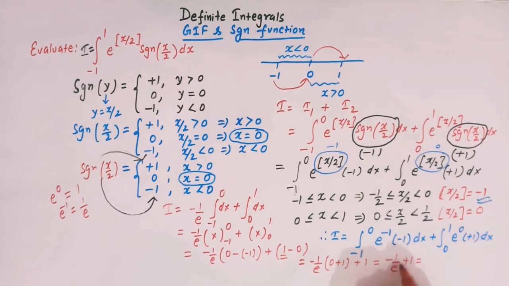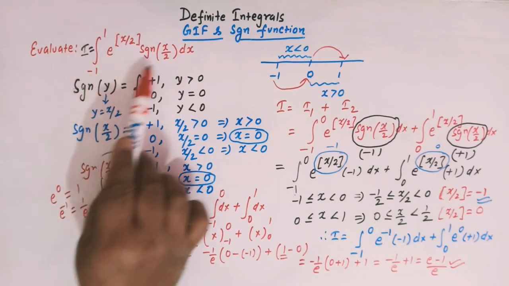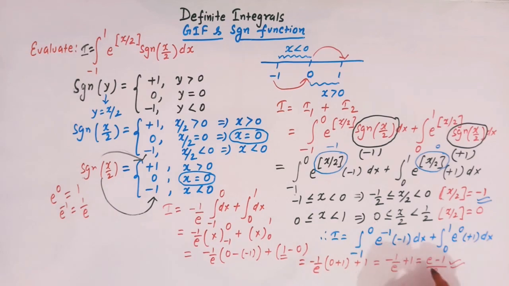So this can also be written as e minus 1 over e, right? So viewers, the value of this integral is equal to e minus 1 over e, right? So this is how we solve this important and conceptual definite integral involving the greatest integer function and the signum function.